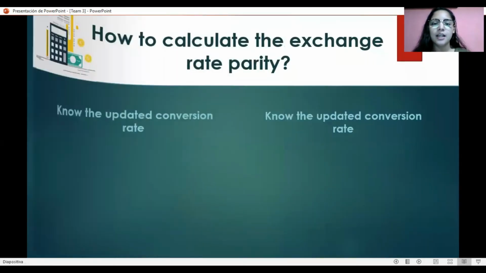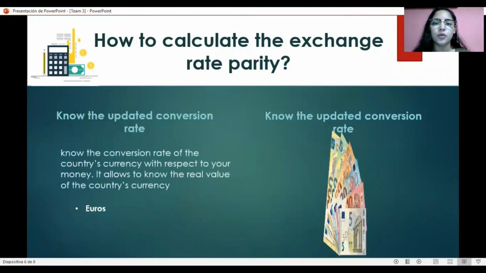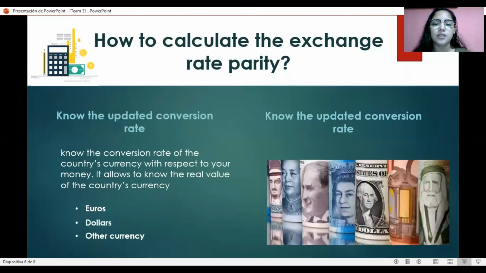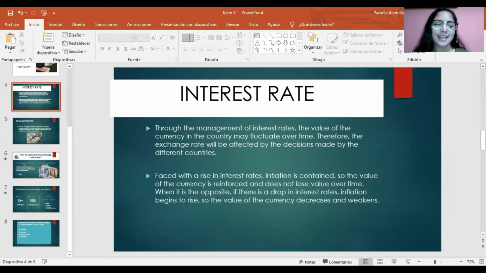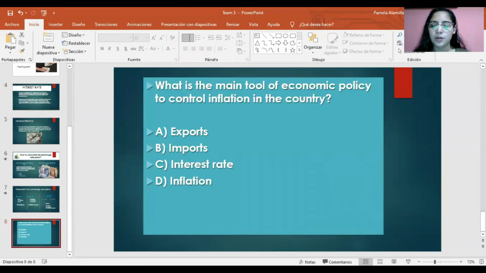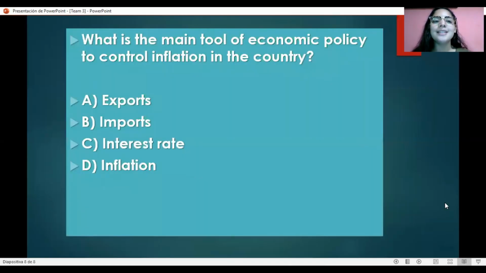And this is a question for you. So take a minute, please. What is the main tool of economic policy to control inflation in the country? Take a minute, think about it, and let me know your answer.